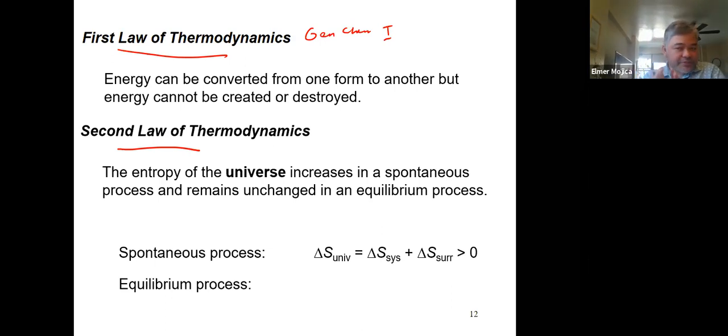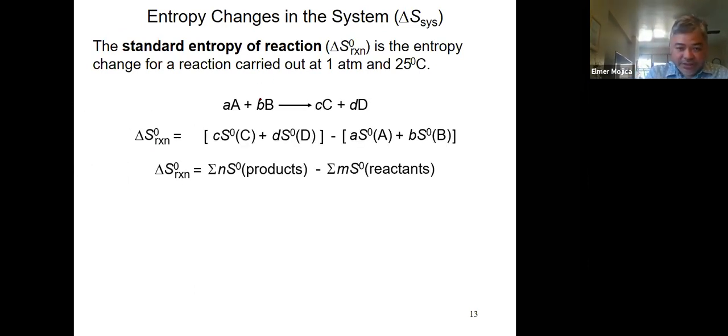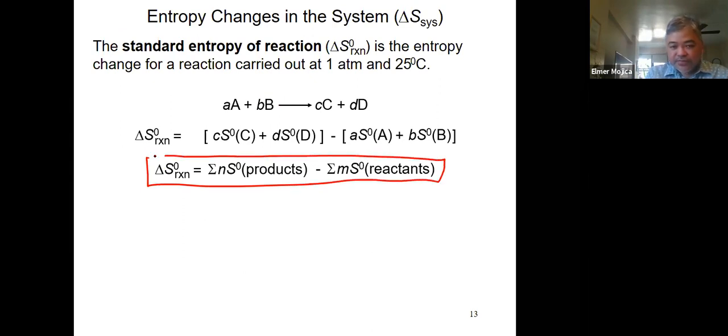And they observed that in all spontaneous processes, the delta S always increases. Okay? So this is usually the equation that I'm trying to show you. The delta H and later on the delta G all follow the same format. All you need to do is replace this one.